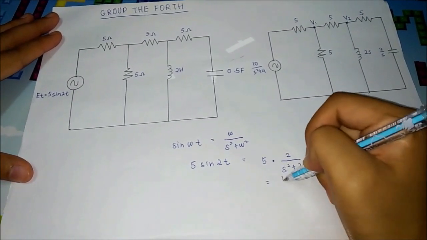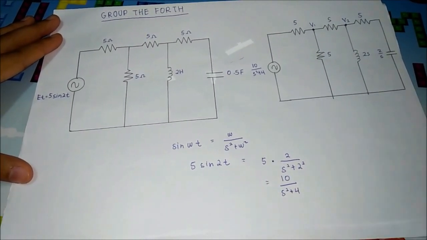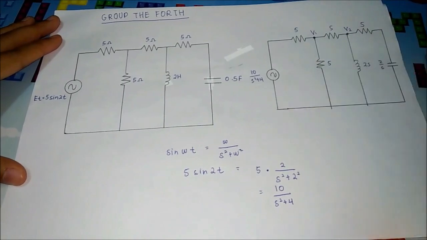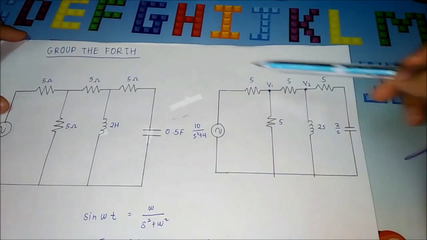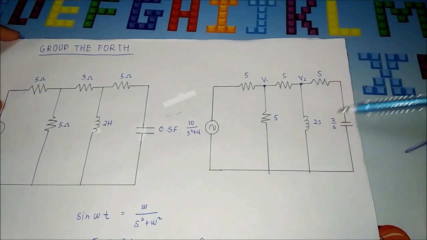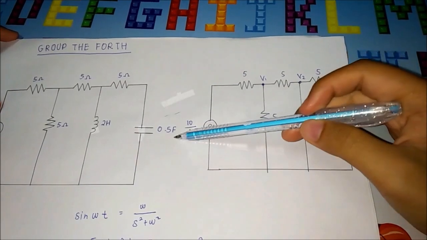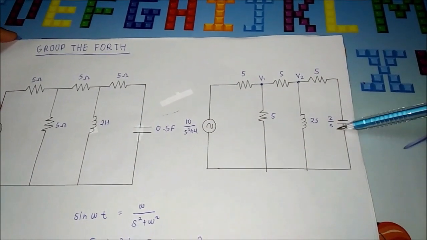So from here we've got 10 over s squared plus 4. The resistance is still the same, 5, 5, 5, 5. The inductor we change into 2s, and the capacitor we change into 2 over s.